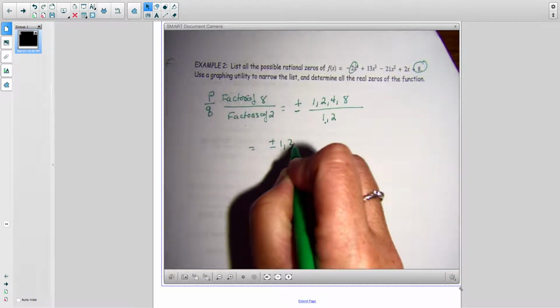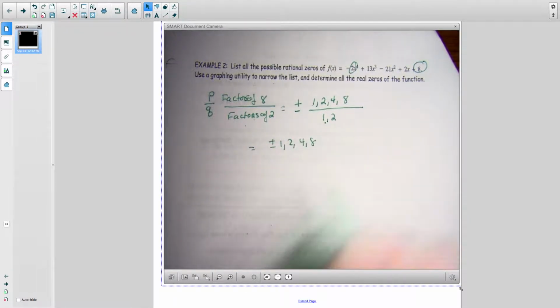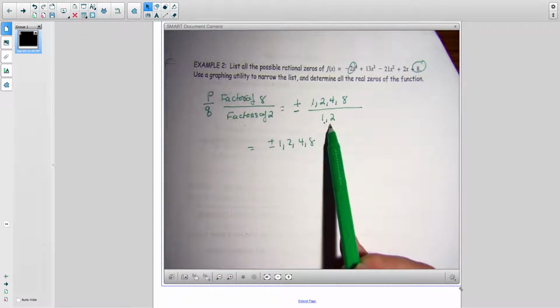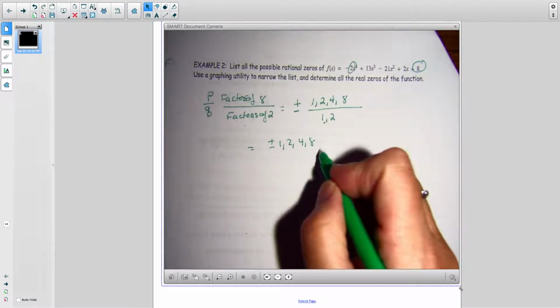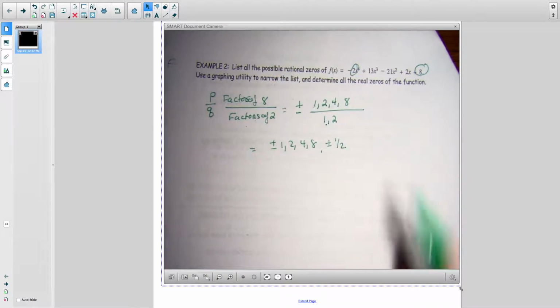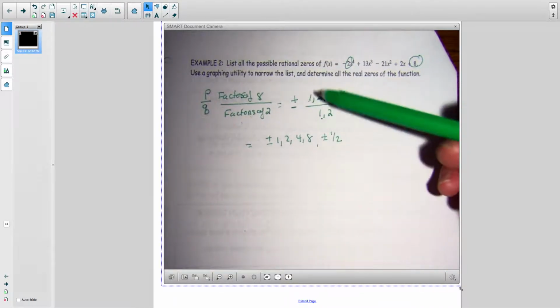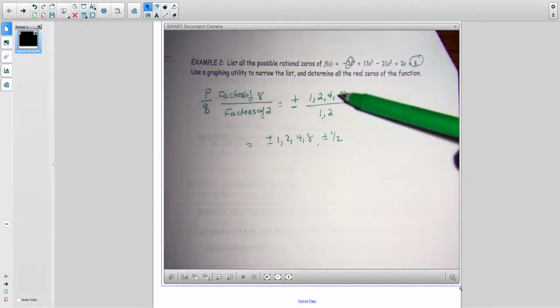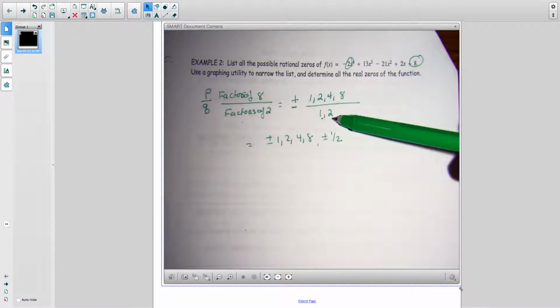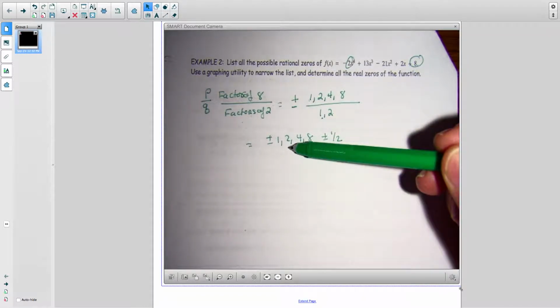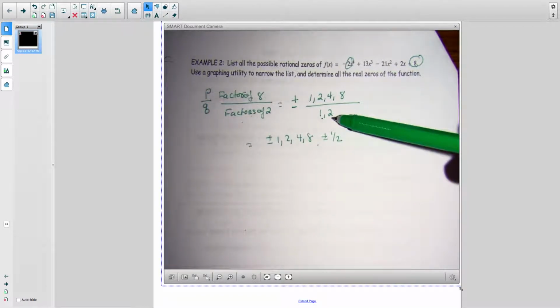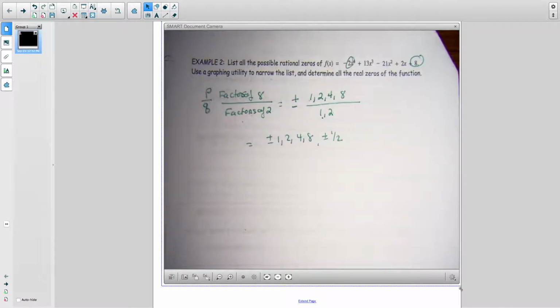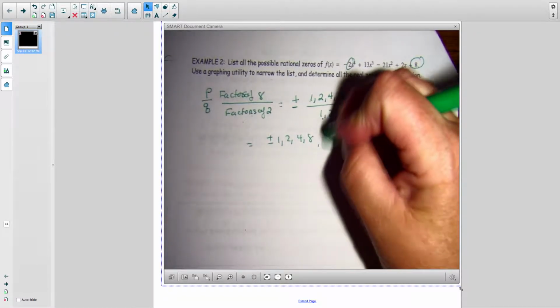It's 1, 2, 4, 8. Then we take all these up here and divide them by 2. So plus or minus 1 over 2. Well, what's 2 divided by 2? 1, it's already listed. 4 divided by 2? 2, already listed. 8 divided by 2? 4, already listed. I don't need to have plus or minus there again, I have it out here.